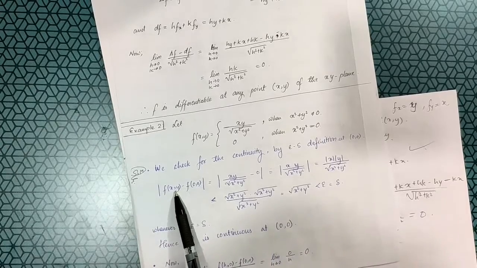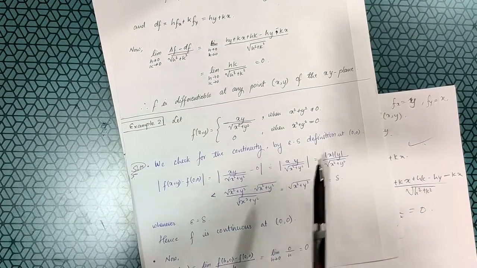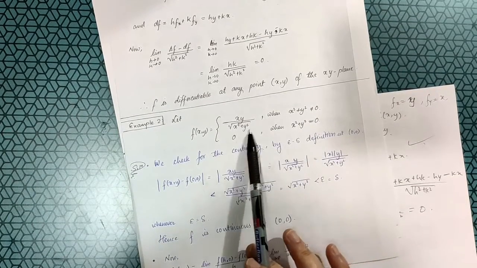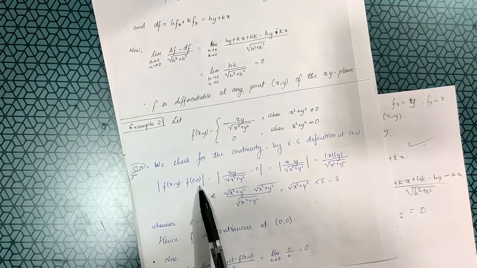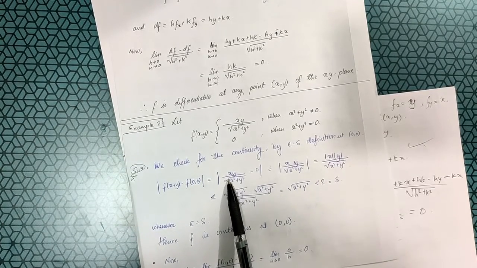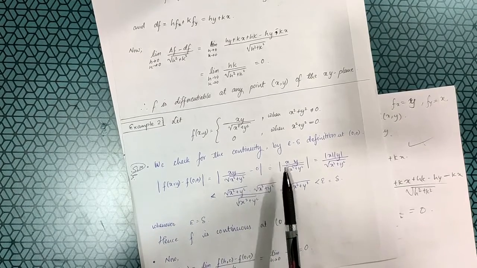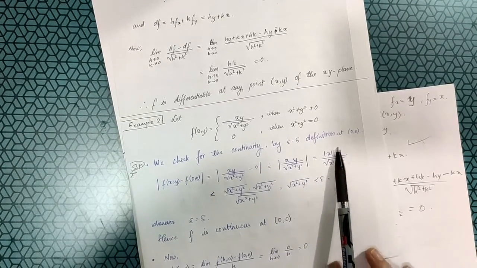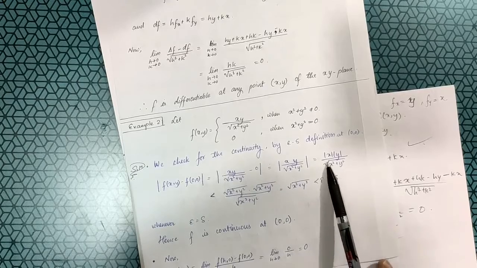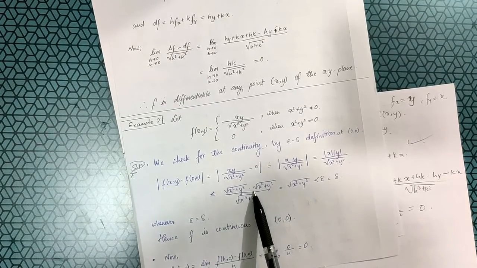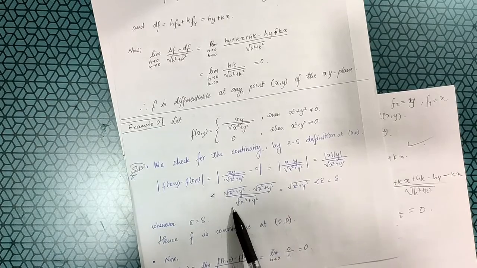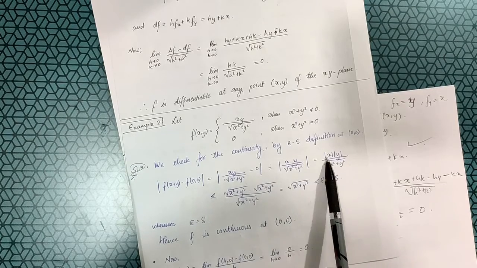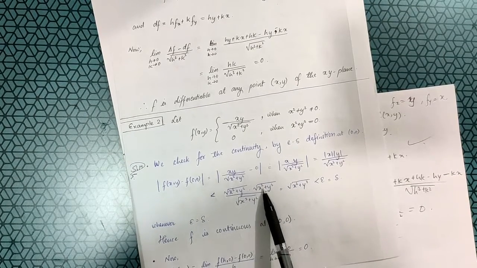So at the point 0, 0 the functional value is 0. So modulus of f of x y minus f of 0, 0 is xy divided by root over x square plus y square minus 0, which is equal to modulus of x into modulus of y divided by root over x square plus y square, which is less than or equal to root over x square plus y square into root over x square plus y square divided by root over x square plus y square, since modulus of x is less than or equal to root over x square plus y square, and modulus of y is less than or equal to root over x square plus y square.